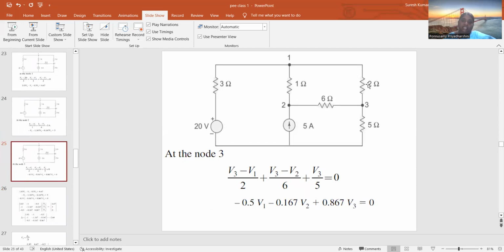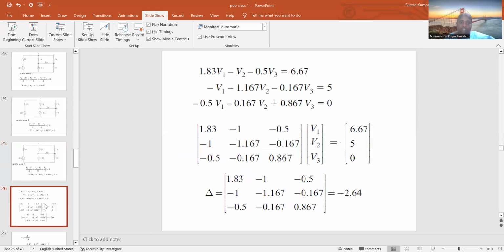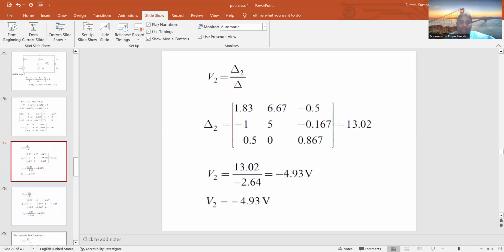In node 3, there are 3 resistors connected, between V3 and V1, V3 and V2, and V3 and ground. If I solve it, the final answer is minus 0.5 V1 minus 0.167 V2 plus 0.867 V3. Finally, if I solve all these, the answers are V1, V2 and V3.